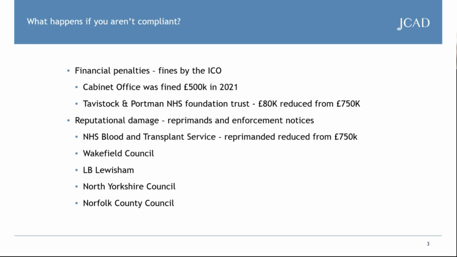And there are a few organisations listed there where they weren't fined, but they were publicly reprimanded, which obviously impacts upon their reputation. So again, it's a reputational risk that you need to manage. I think the biggest fine was from BA, fined about 20 million. And back in 2023, TikTok were fined 17 million. So yeah, these can be pretty hefty fines, which none of you would want.